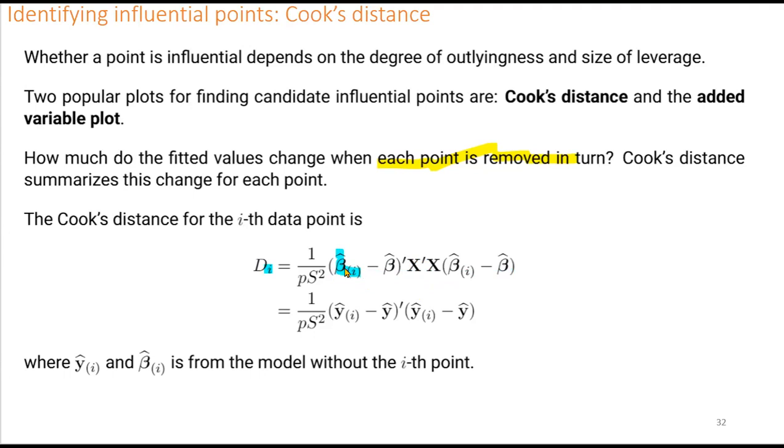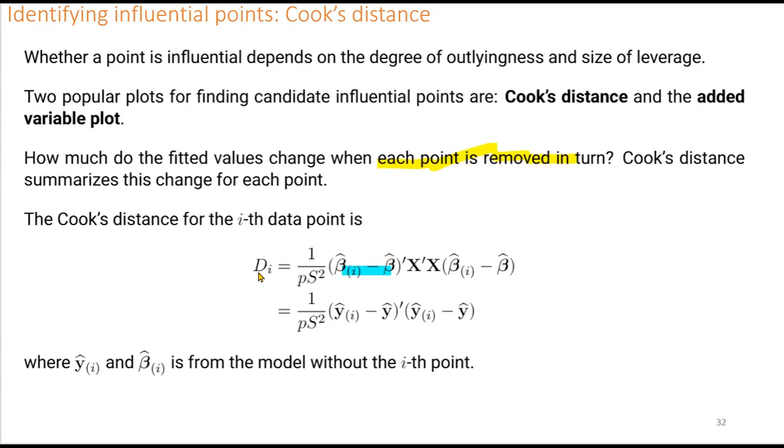So what we have here is the difference between your vector of parameter estimates without the ith data point compared to with all the data points. The idea is that if a point is influential and you remove it, this difference is going to be large. If removing the ith data point makes no difference, then the difference is obviously 0, and Cook's distance would be 0.